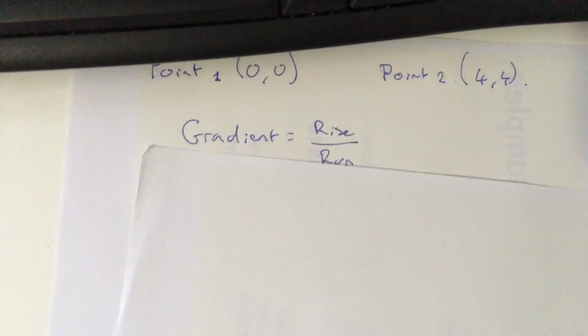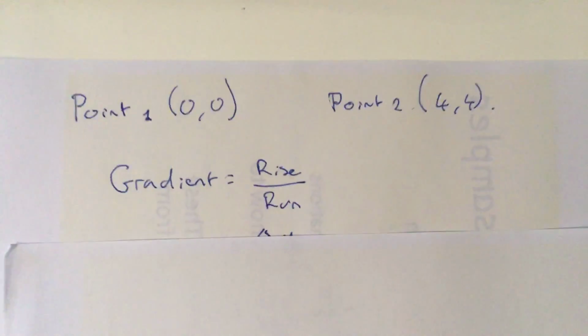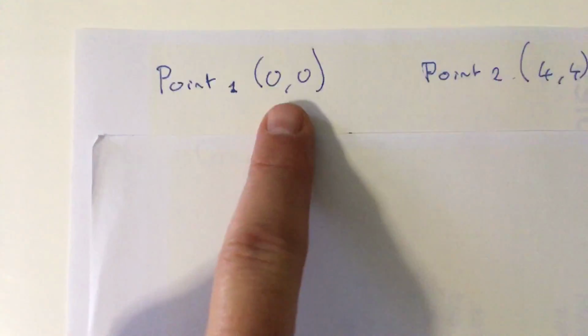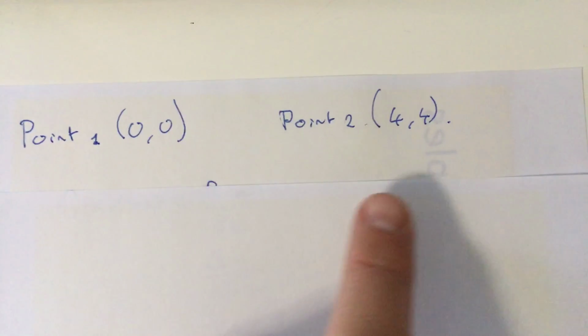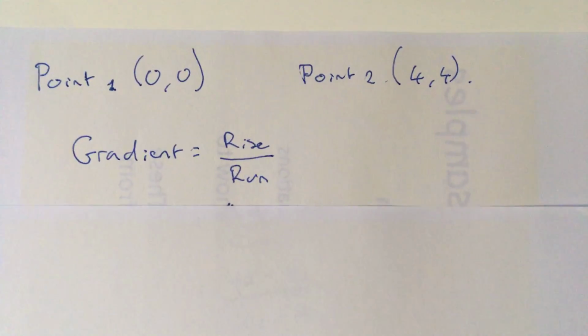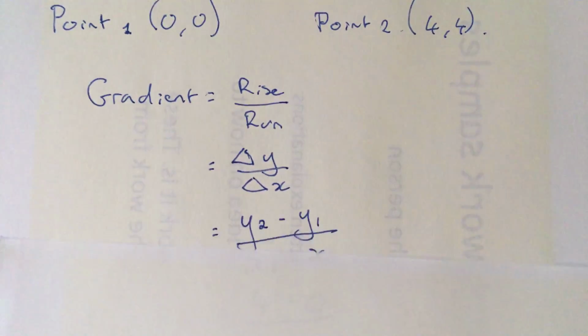The other way is using algebra. So we have to name the points as point 1 and point 2. So before I had my point 0, 0 and point 4, 4, and I'm just going to call the 0, 0 point 1 and the 4, 4 the point 2. So our gradient is rise over run, or change of y, delta y over delta x.